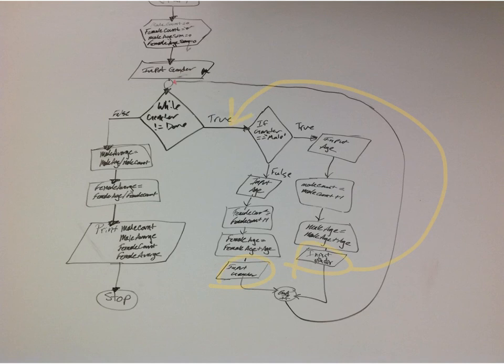Here they're going to input the gender, check to see, are we done or not? If not, then we go in and check if it's male, do the male work over here. If not, they do the female work here, bring it back together. Up here, the connectors are right by the while statement. Then when that's false, it heads down and does the finish up work, and we stop.